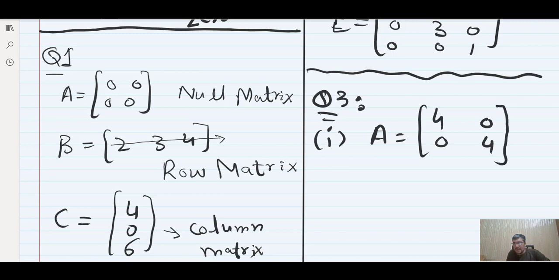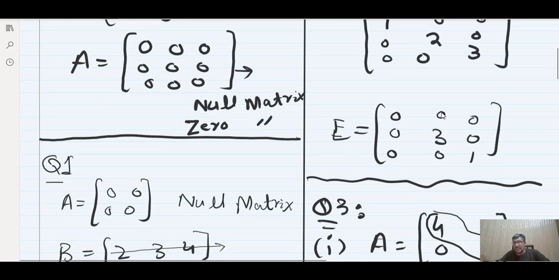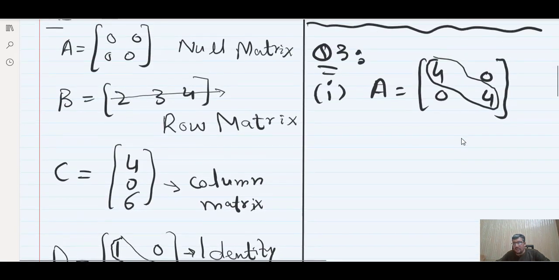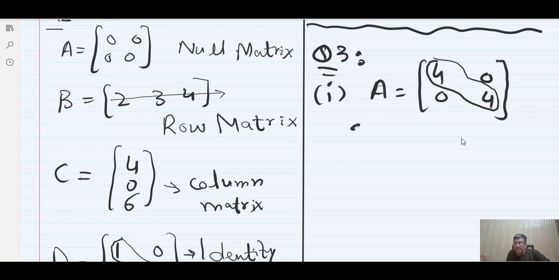Now my dear learners, see the entries in the diagonal are not equal to 1, but they are the same, non-zero values, and we have said that if we have such entries we name it a scalar matrix. You can see here we have taken the example. So in this question we name this matrix a scalar matrix.